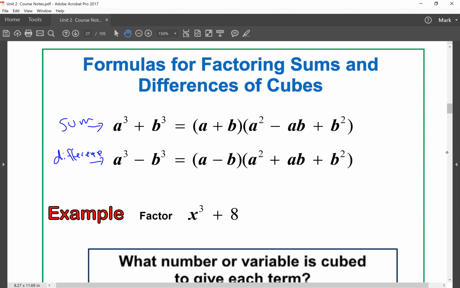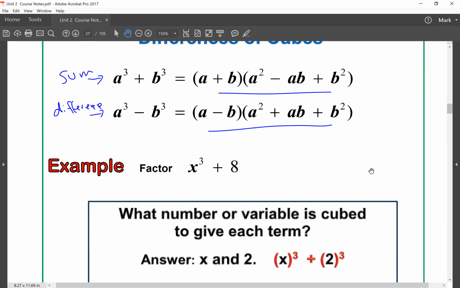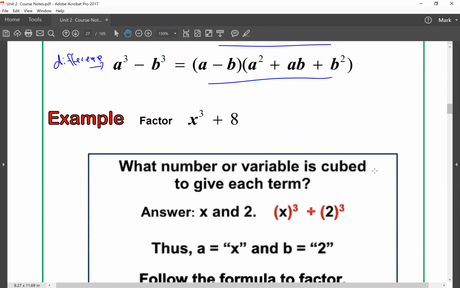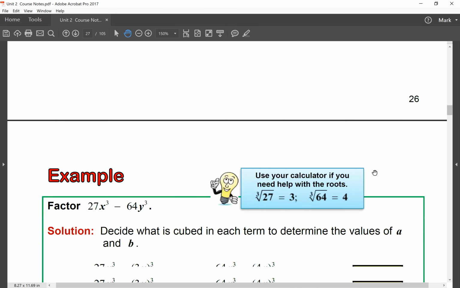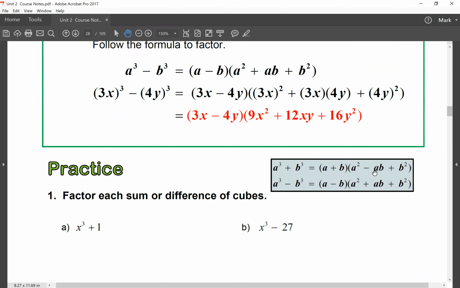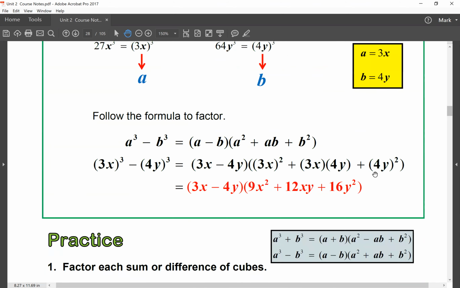Sum means add, difference means subtract. So a cubed plus b cubed, or a cubed minus b cubed, these are your answers here. There's really not much to say. You just have to follow the formulas. Now, let me show you this example. I'll show you the difference of them, and then we'll do some practice.